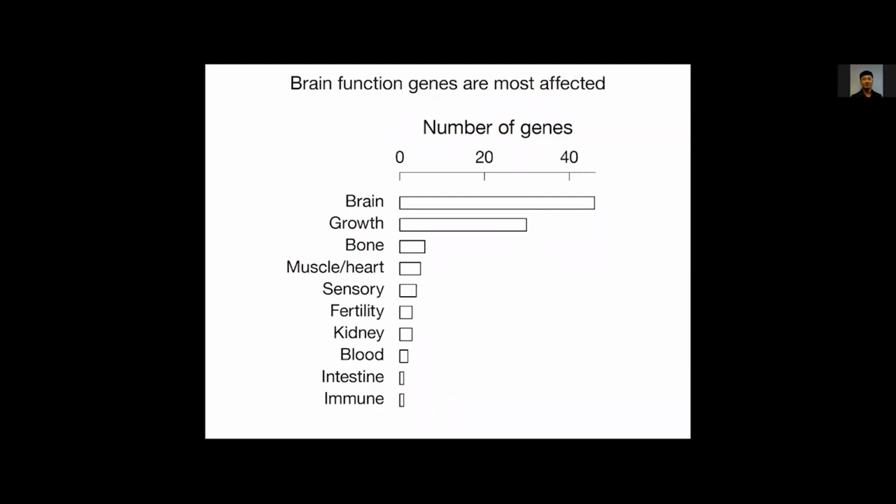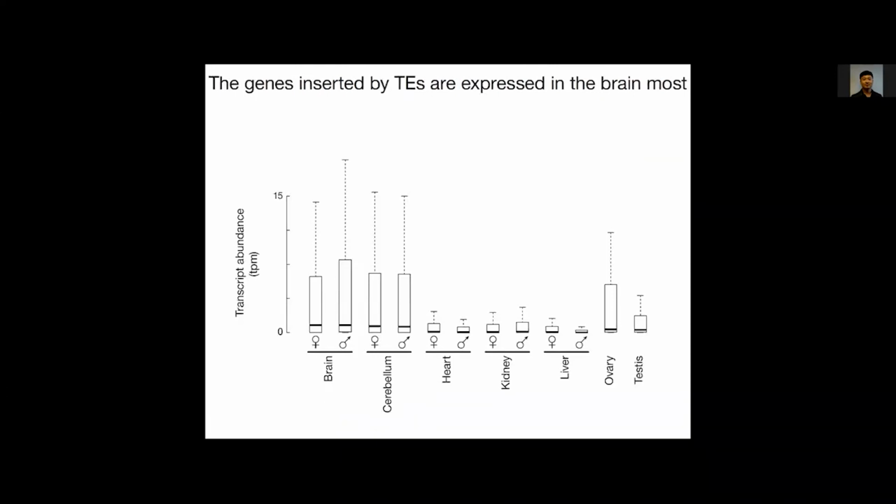A lot of them are known, in human, to be associated with autism. Consistent with this, we find that the genes inserted by TEs are expressed the most in the brain. We can detect them highly expressed in the brain and cerebellum.